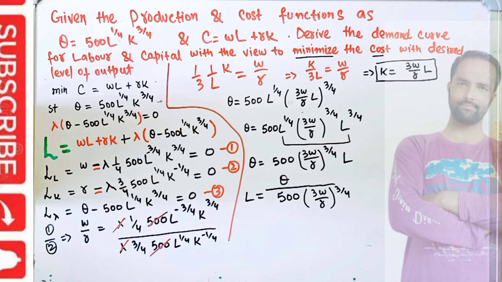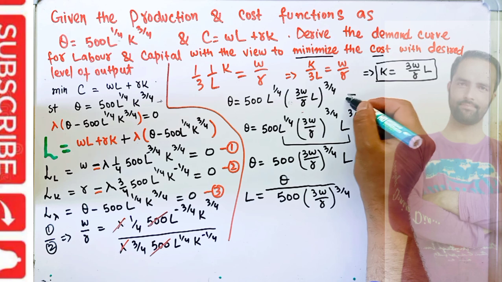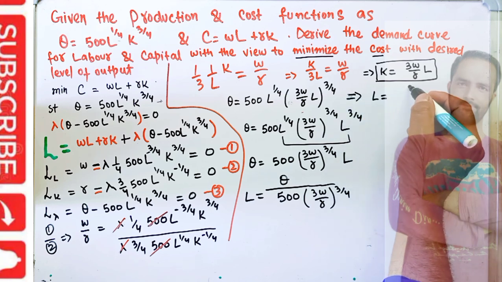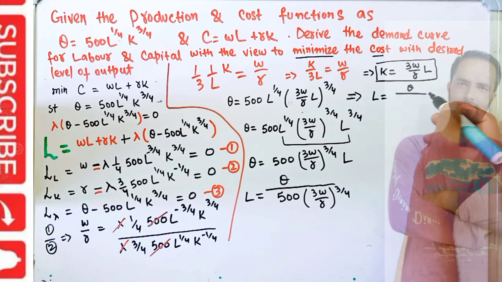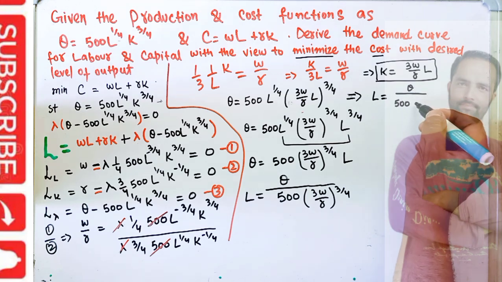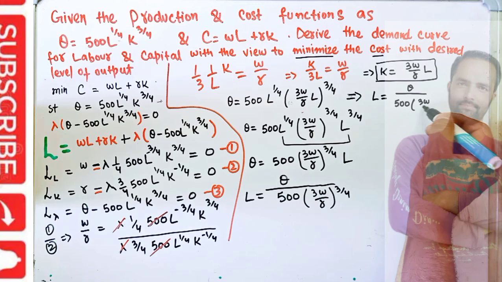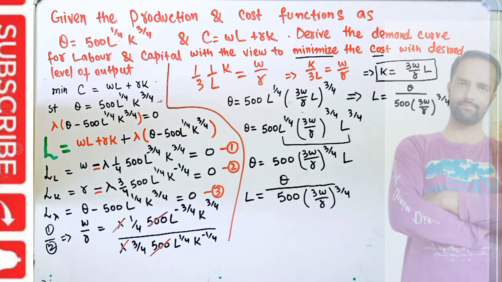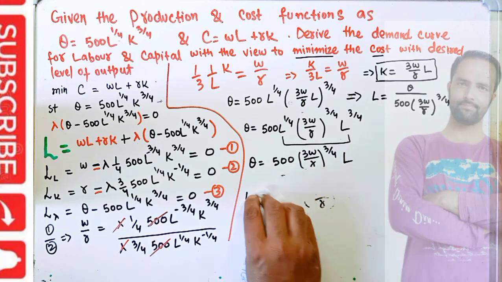So I will try to solve that here. This implies L is equal to Q upon 500 into (3W/R)^(3/4). I have written this result here. This is the demand function for labor.